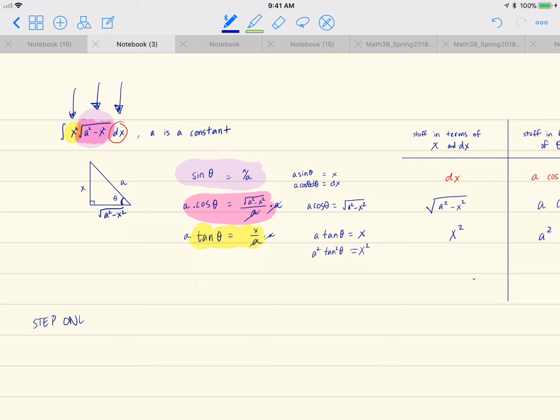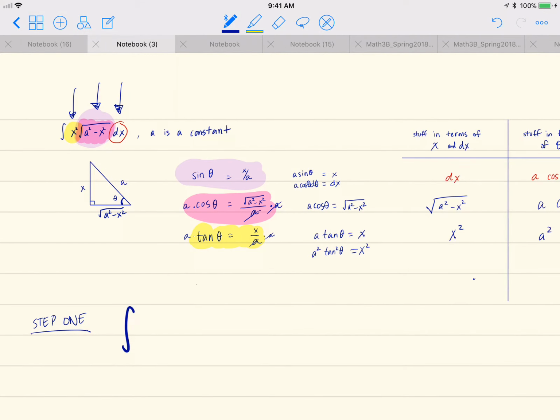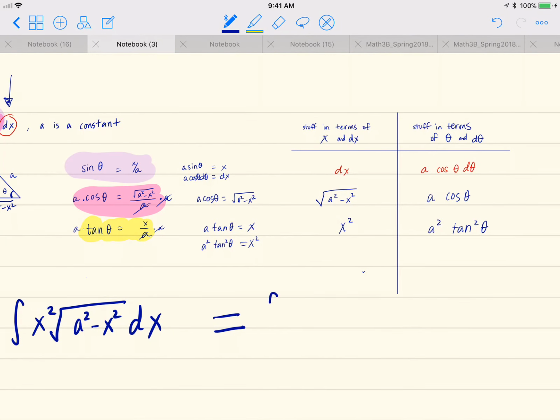So the conclusion of step one is to say that the integral of x squared times the square root of a squared minus x squared, dx, is equal to the integral. Now instead of the x squared, I'll have a squared tan squared theta, right?